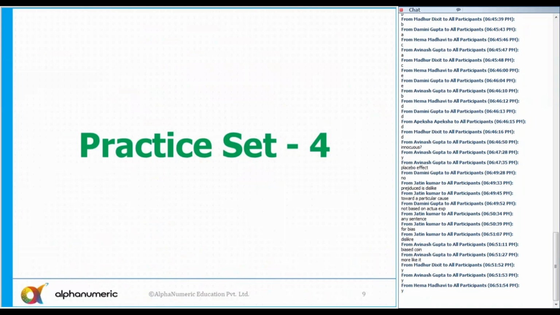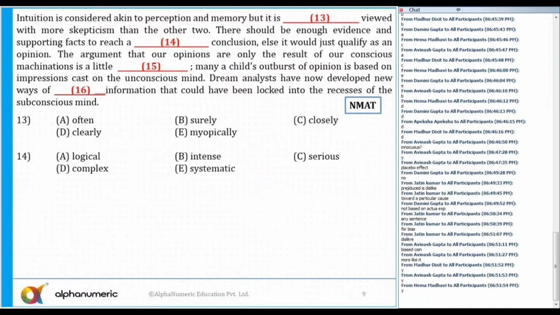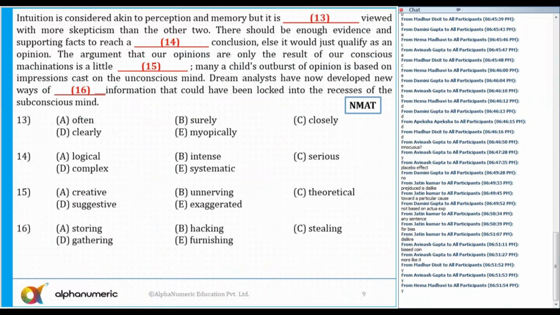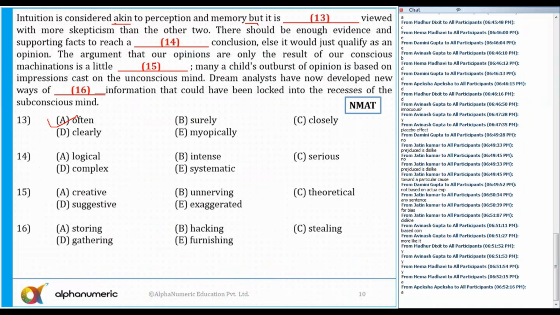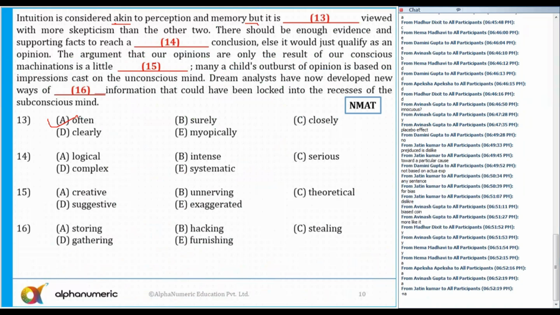Intuition is considered akin. Akin means similar. Intuition is considered akin to perception and memory, but it is dash viewed with more skepticism than the other two. So when he uses the word but, that means even though intuition is very similar to perception and memory, it is very often, that means many times, viewed with more skepticism than the other two.